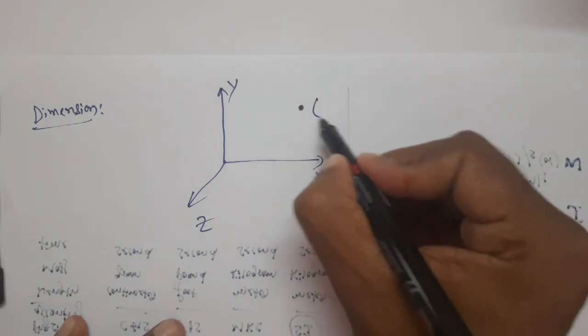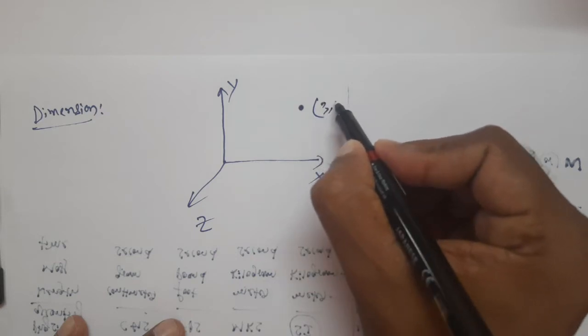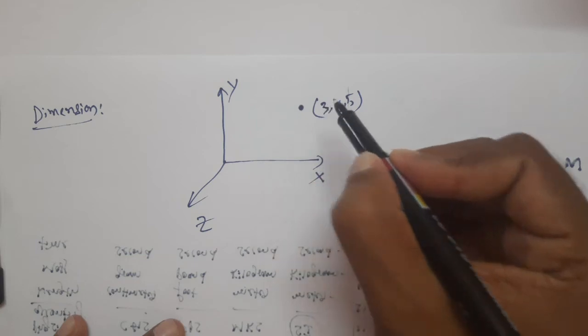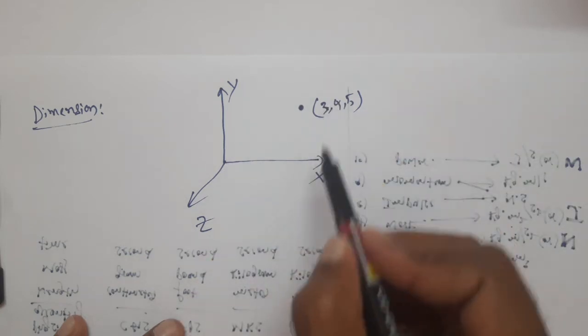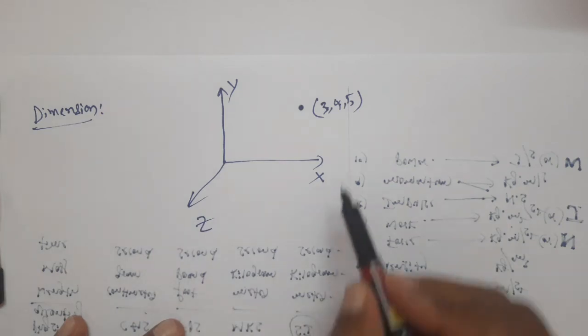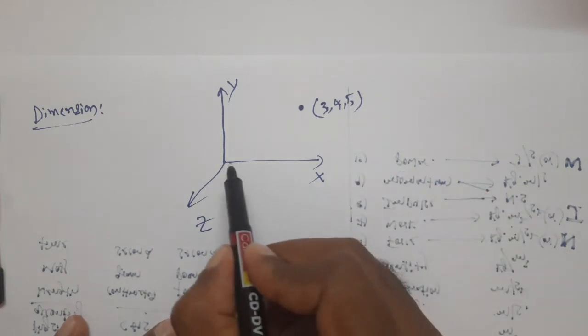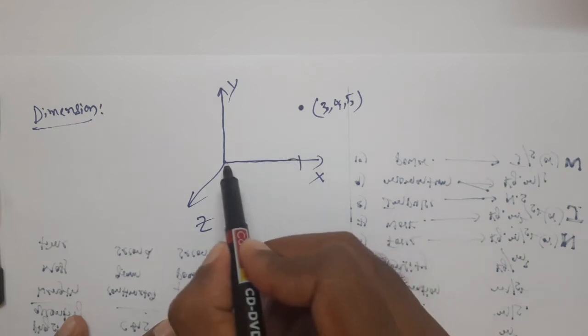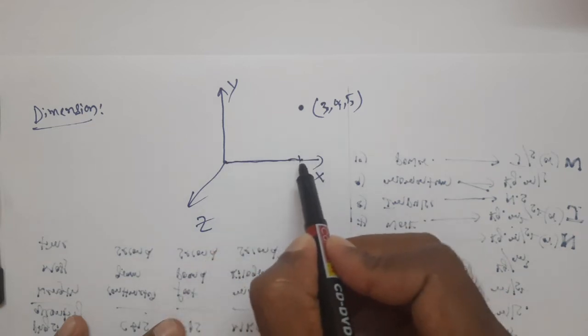Now I represent this point like this, 3, 4, 5. What is the x dimension value? 3 meters. What is the y dimensional value? 4 meters. What is the z dimensional value? 5 meters. That means in the x direction, what is the distance it has from origin? It is at 3 meters.